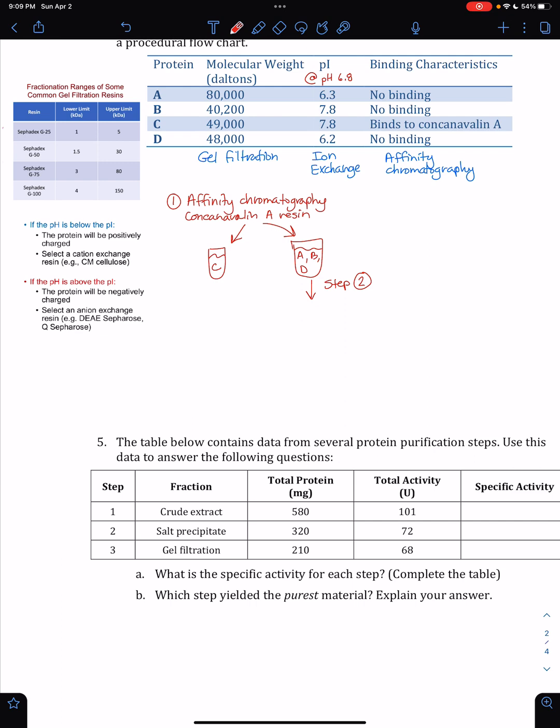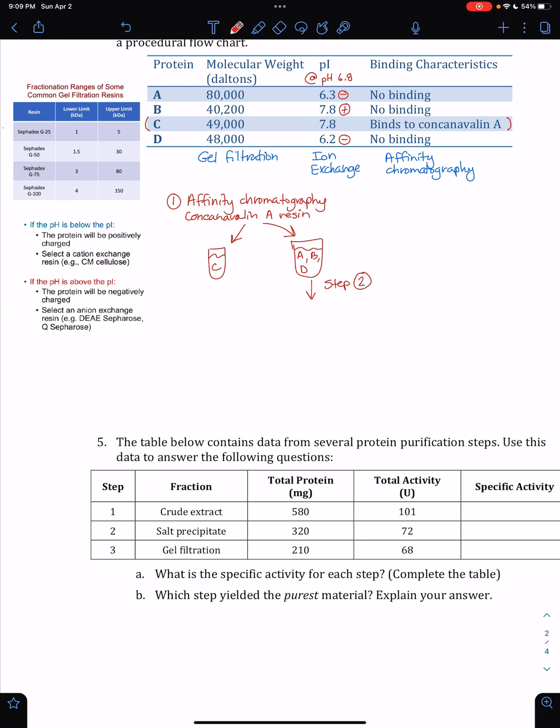Well, for my protein A here, the pH of 6.8 is above the isoelectric point of protein A, so that is going to be negatively charged. Same thing with D, that will be negatively charged. But my protein B is going to be positively charged. Now remember that C has already been taken out of the mixture by my first step.